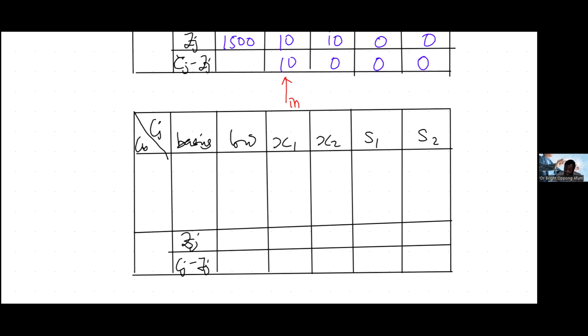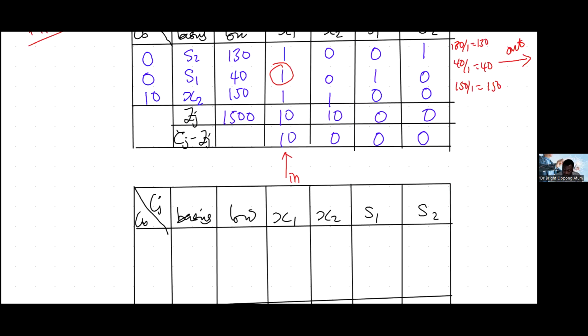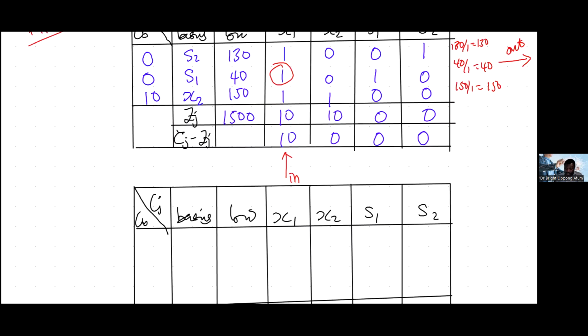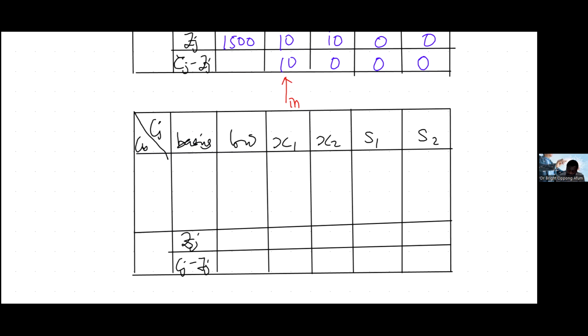And what do we have here? X1 is replacing S1. So that means that we have S2, X1, X2, right? The values here are 20, 10, 0, 0.